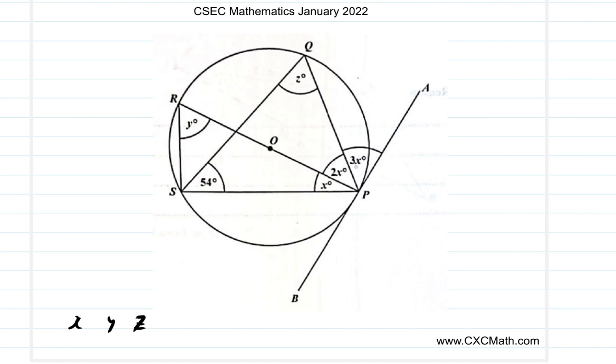This angle consisting of 2x and 3x, all of this angle, what is it?